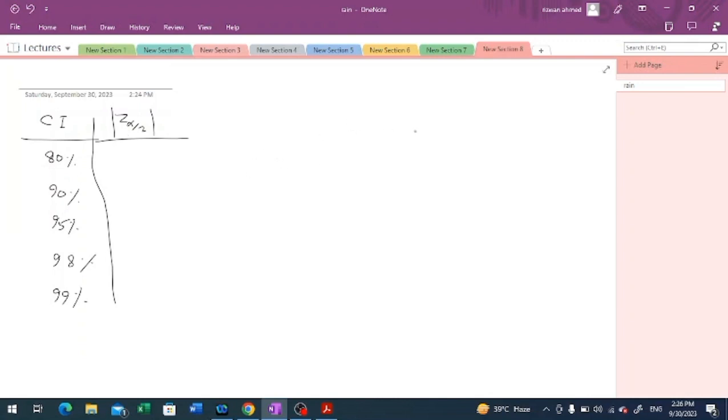Now for 80% CI we need to draw the curve. We will indicate the middle 80% area under the curve. If we are keeping 80% in the center, then we need to allocate 10% and 10% areas in the lower and upper bounds. So 10% transforming it to decimal numbers, it is 0.10, and this is also 0.10.